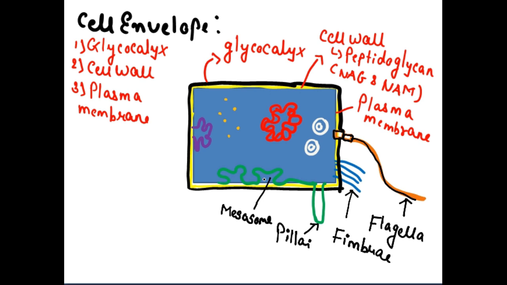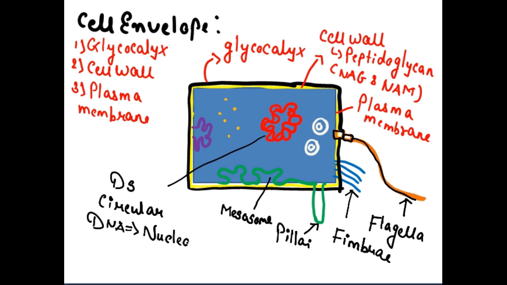Then further, this structure is the double-stranded circular DNA, which is called the nucleoid, the main genomic DNA.